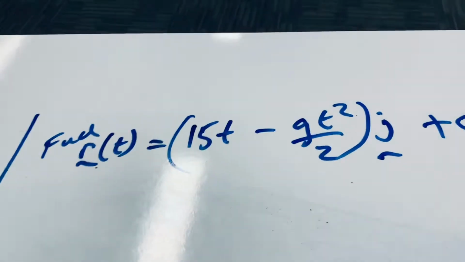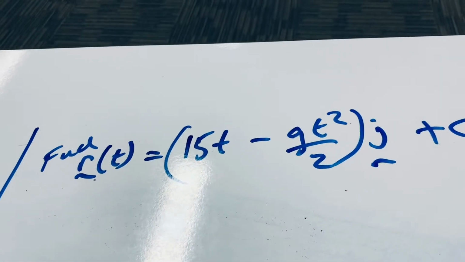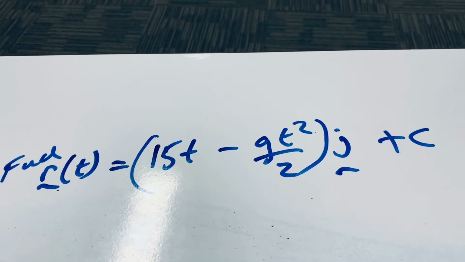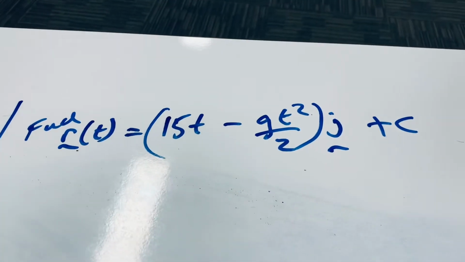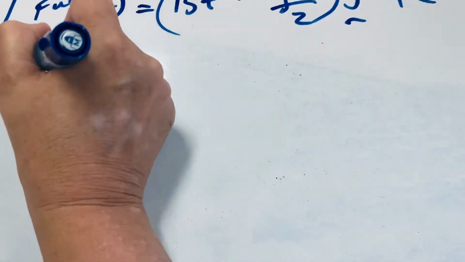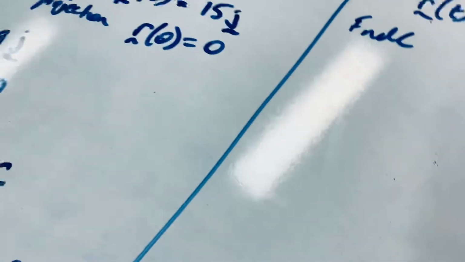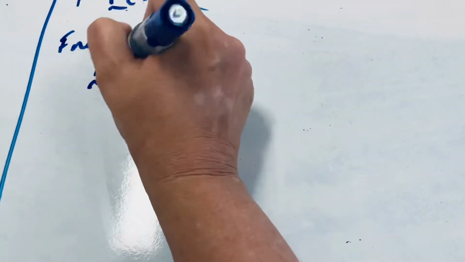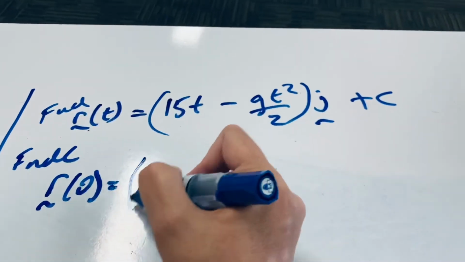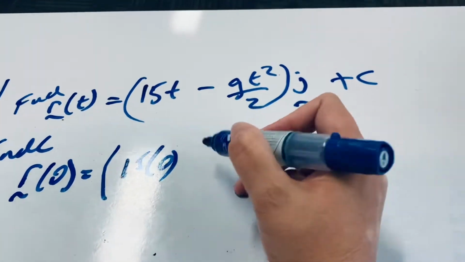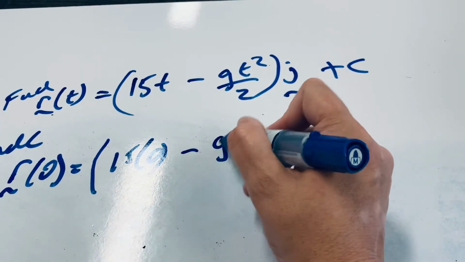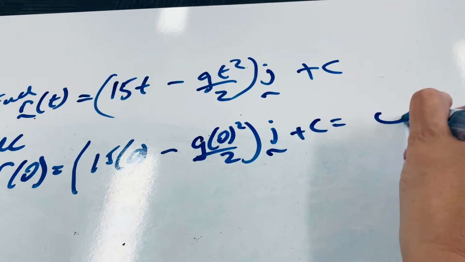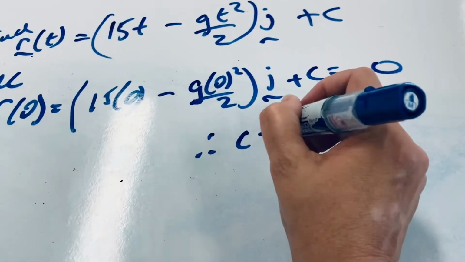So the 15 became 15t, the take gt became take gt squared on 2, that's all still j, plus c. Then we need to find c, but we're told that the initial position was 0. So r(0): 15 times 0 minus g times 0 squared on 2, j, plus c has to equal 0. So in this case, c equals 0.